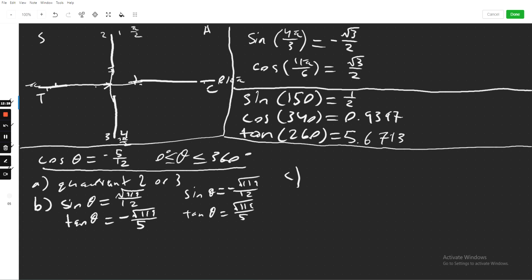If theta were like this, and this is the terminal arm, this would be the related acute angle beta. So sine theta equals root 119 over 12, but it's also equal to sine beta, right? So sine beta equals root 119 over 12.